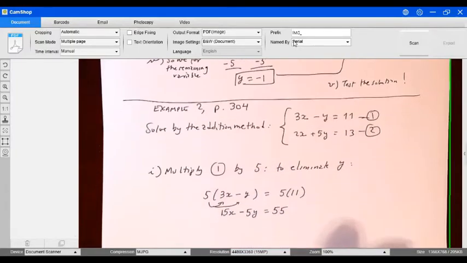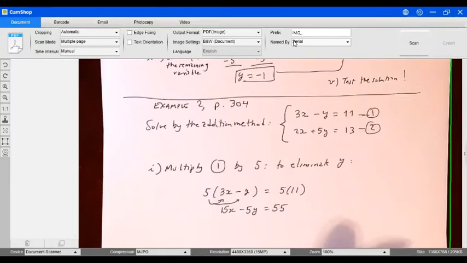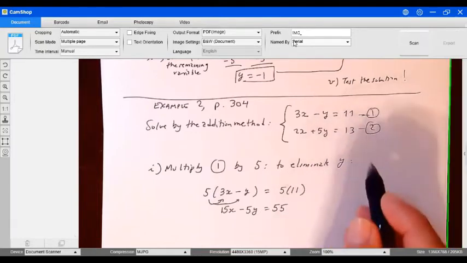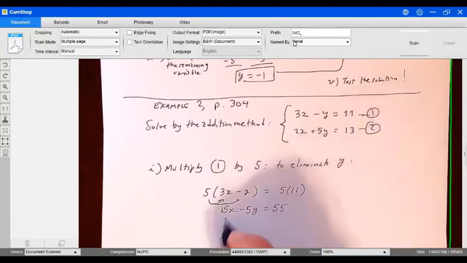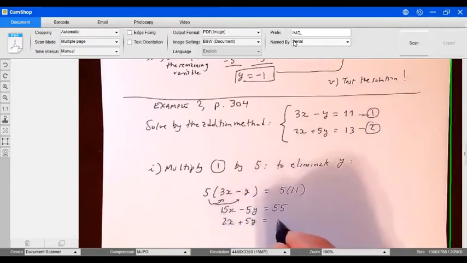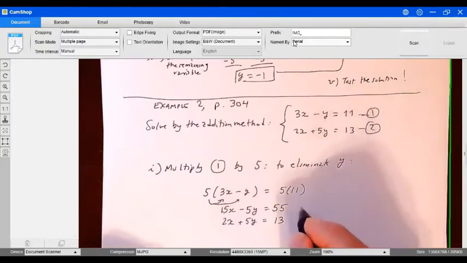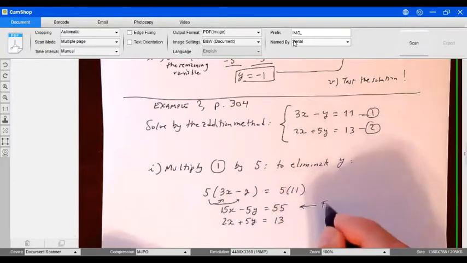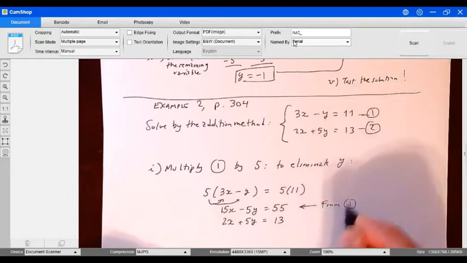So this is my first equation now after multiplying the equation by 5. Now the second equation is going to be 2x plus 5y equals 13. So that's the second equation. So this is from 1, and this is from 2.